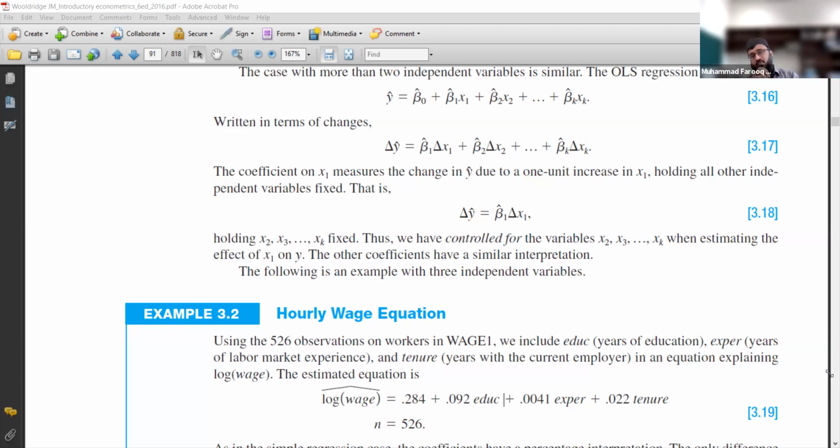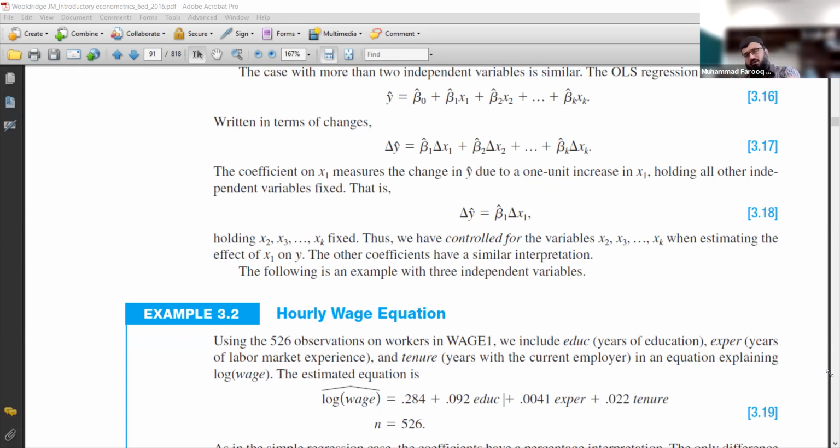Now, you called it a 0.092 unit increase in wage. So I wouldn't call it wage because wage is not the dependent variable, it's log wage. But there is a connection between a variable which is in levels and a variable in logs.